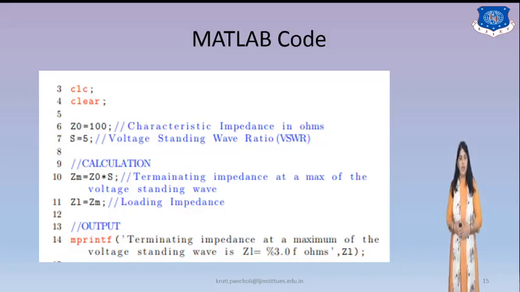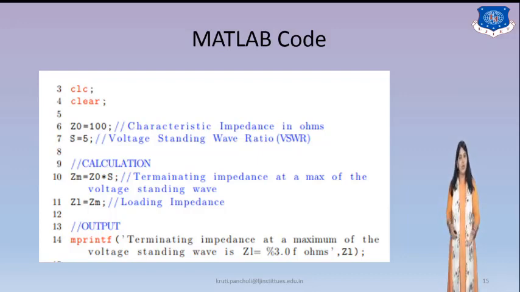We know the formula for calculating the terminating impedance at a maximum of the voltage standing wave. So now we are writing Zm equal to Z0 multiplied by S. So Z1 is equal to Zm, that is the load impedance. Now I am writing the command for displaying the values.